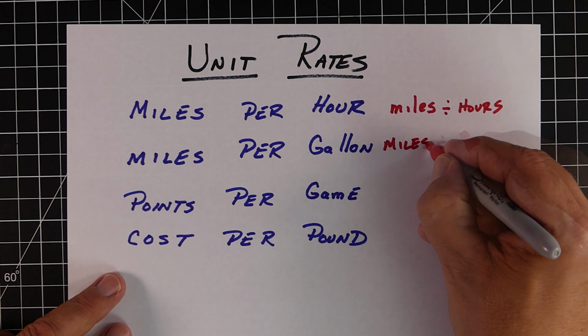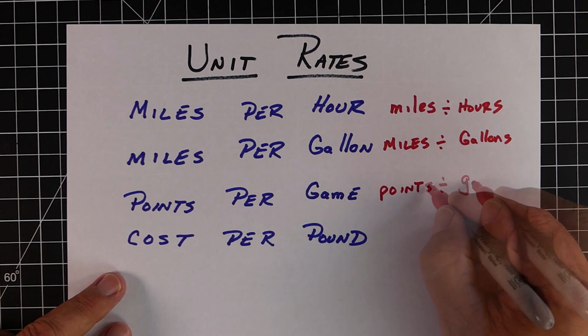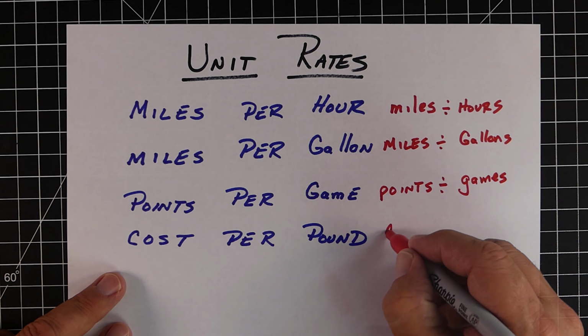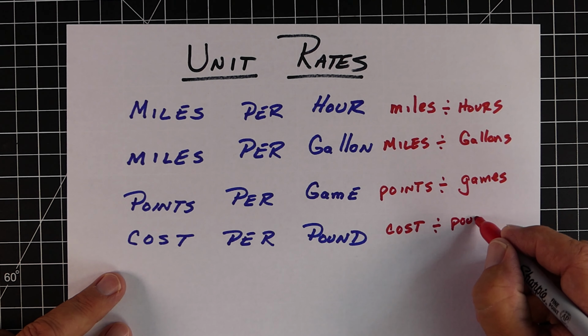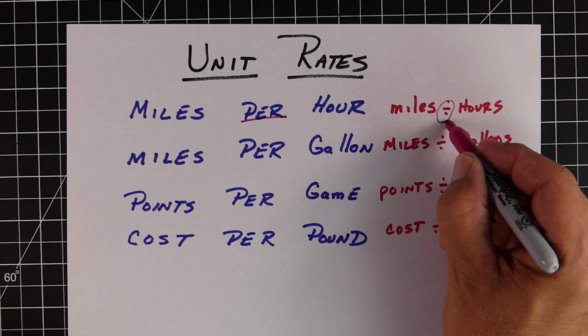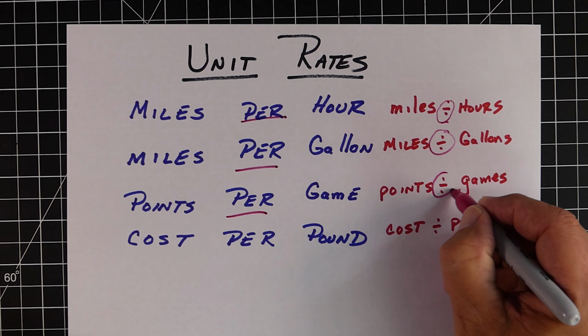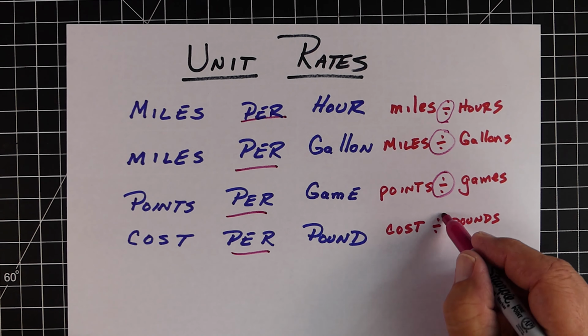So miles per gallon is miles divided by gallons. Same with points. It would be points divided by games, or cost per pound would be the cost divided by the number of pounds. Wherever you see that word per, that's telling us when we're trying to calculate it that we're going to be dividing. And you can see we're going to do that on all these right here.